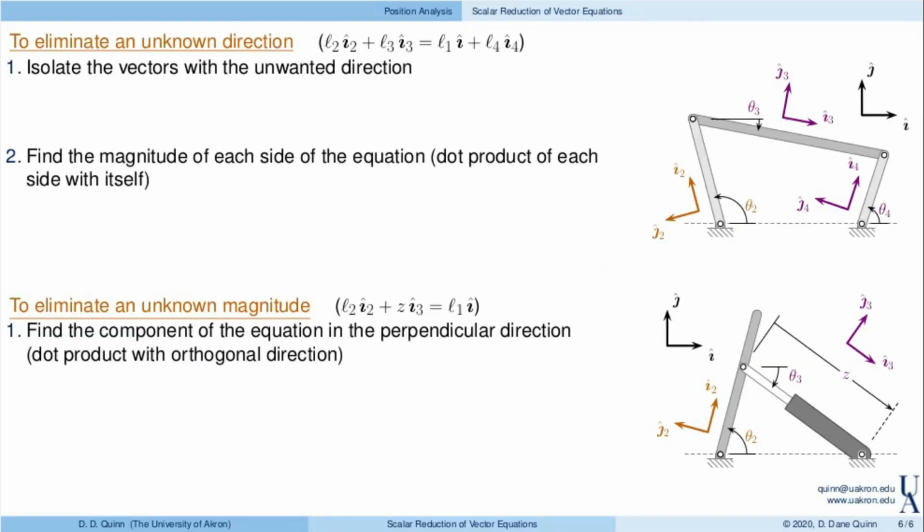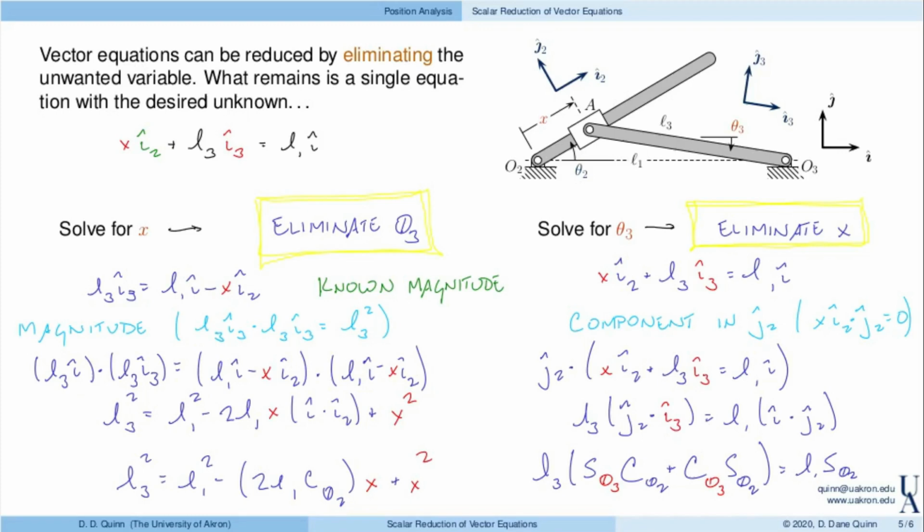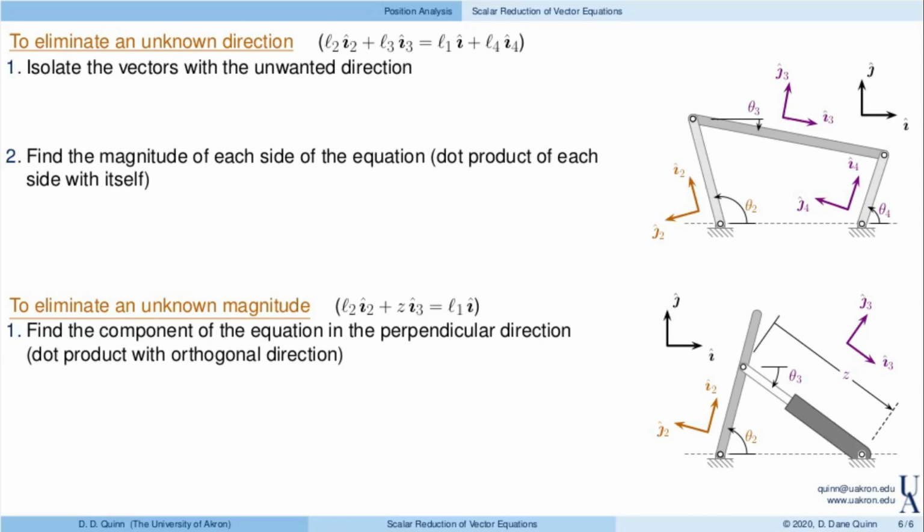So let's summarize these steps for simplifying vector loop closure equations. And again, I'm going to focus on the things that we want to eliminate. So for example, in this previous problem, we saw that if we wanted to solve for x, we want to eliminate theta 3. Solve for theta 3, we want to eliminate x. So it's the elimination part that's really the important thing to focus on.